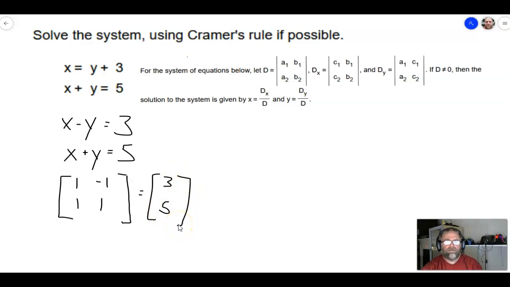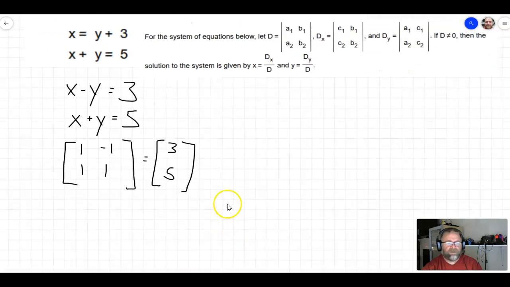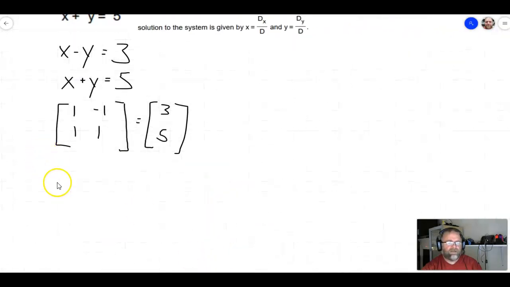So what we're going to end up doing here is first finding the determinant of this matrix right here. So the determinant of, we'll call that one A, is equal to 1 times 1 minus 1 times negative 1.